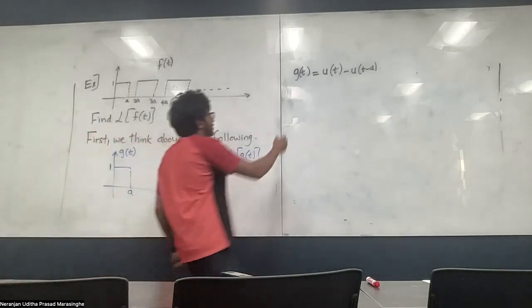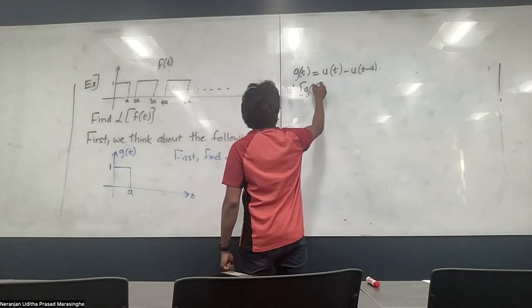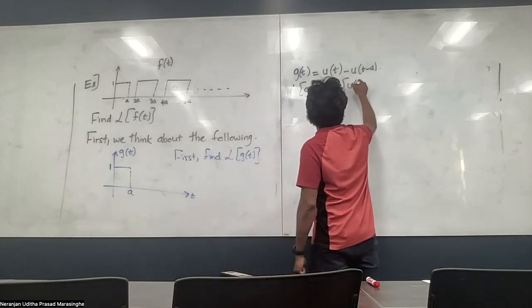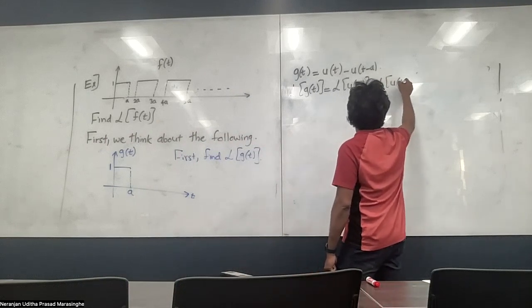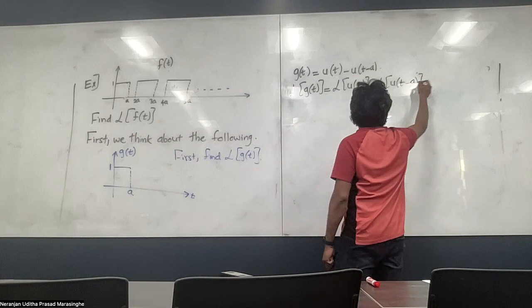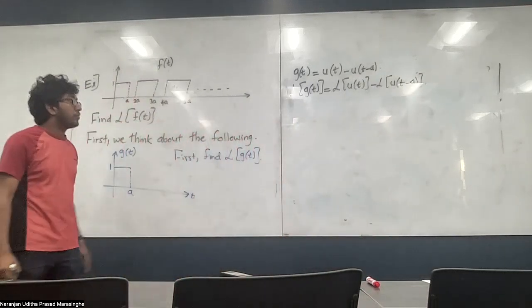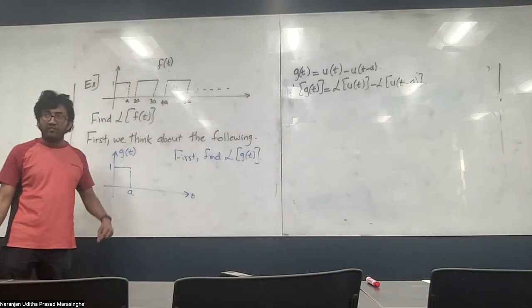Now, what is the Laplace of g(t)? It is the Laplace of u(t) minus the Laplace of u(t minus a), by linearity. The Laplace of u(t) is 1 divided by s.